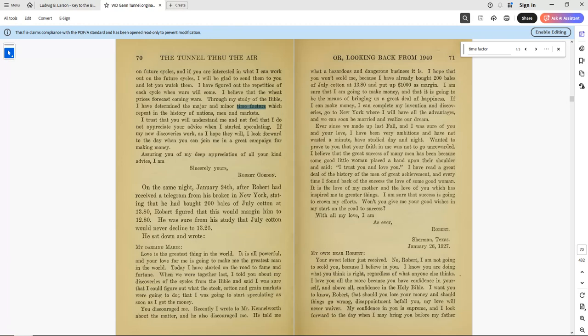70 is a pretty interesting number, right? What is the actual title, The Tunnel Through the Air, in numerology, and what does that represent? What does the 1940 represent?